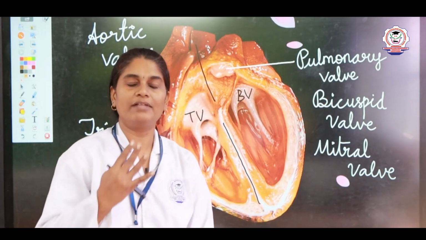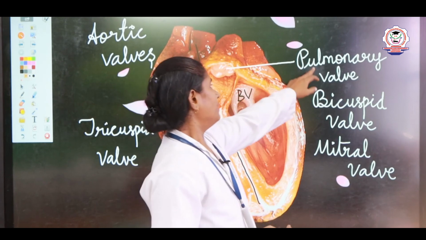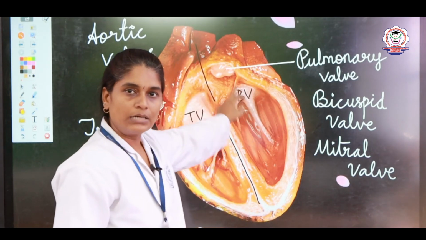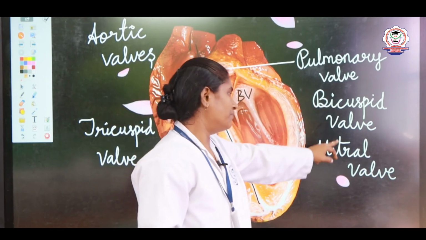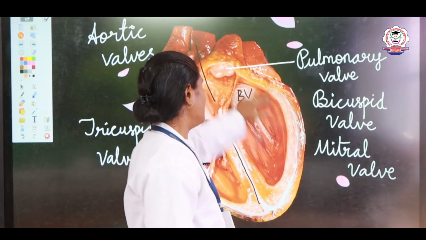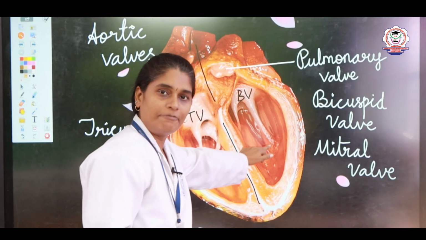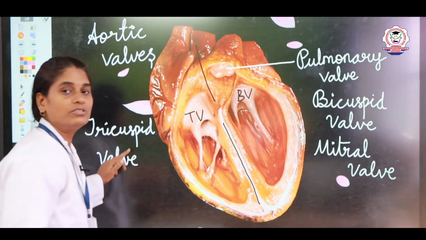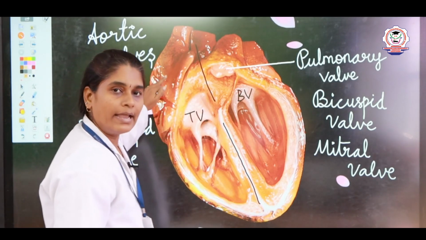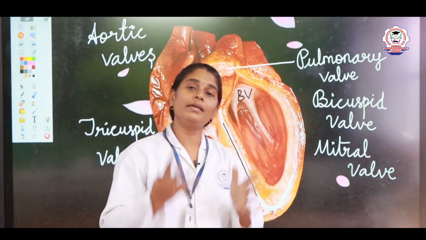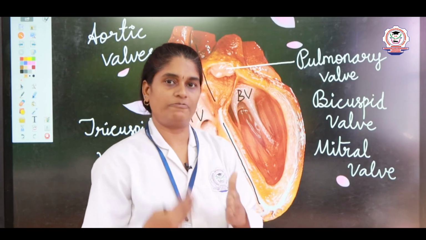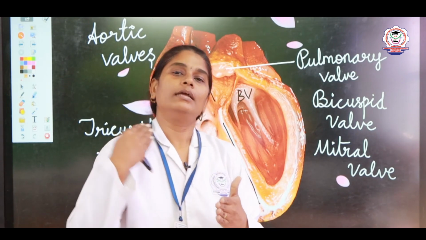There are 4 valves: the pulmonary valve, which is in the pulmonary artery; the aortic valve, which is in the aorta; the bicuspid or mitral valve, which is between the left atrium and left ventricle; and the tricuspid valve, which is between the right atrium and right ventricle, right.